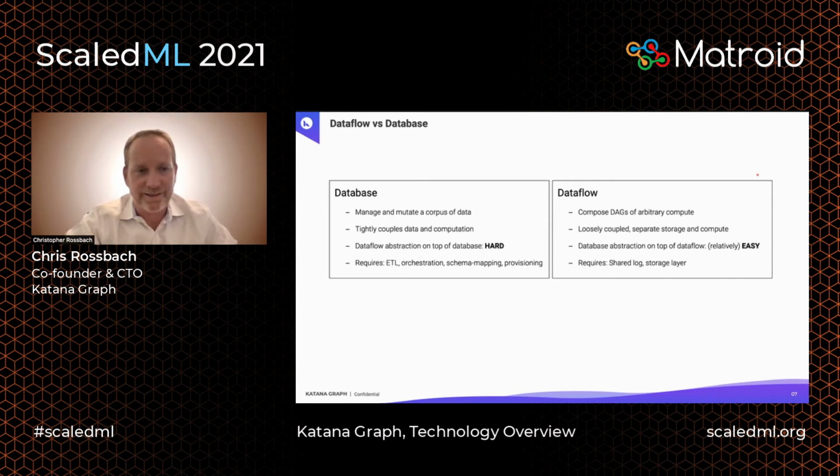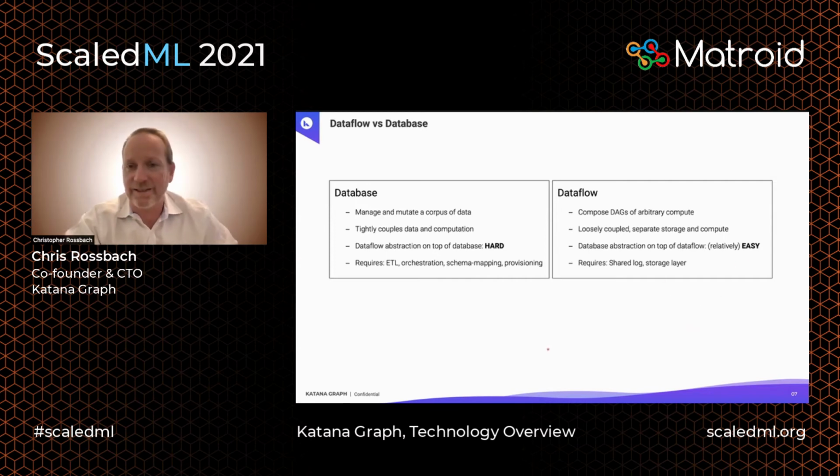By contrast, a data flow system that implements a database abstraction is, I've said easy here, which may belie some of the heavy lifting that needs to be done, but ultimately I do believe it is fundamentally relatively much easier and requires a few things like a carefully designed storage layer and a shared log that I'll talk about later, but it's a much lower friction system.